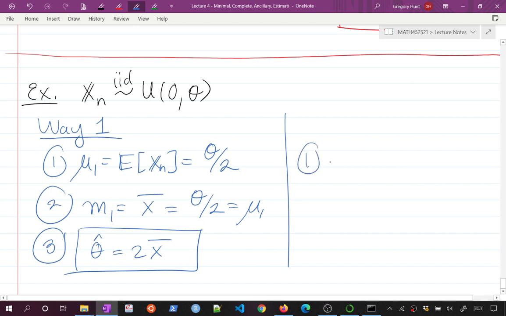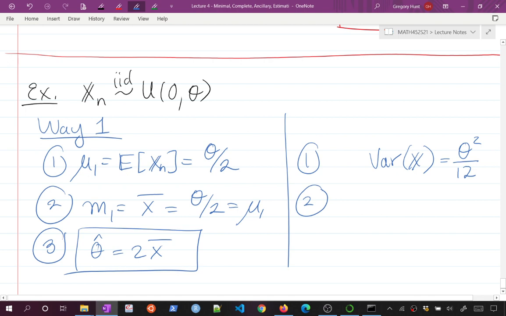What's another way? Why don't I start with the second moment? No law says I have to start with the first moment. Well, let's actually use the variance in this case. The variance of my X's is theta squared over 12 for a uniform distribution. And so let's just not call that mu2, but it's the variance.